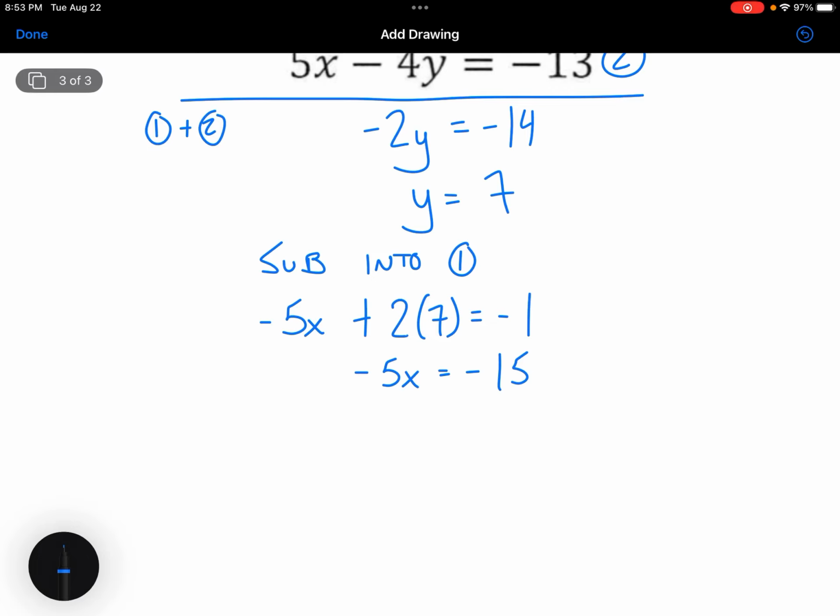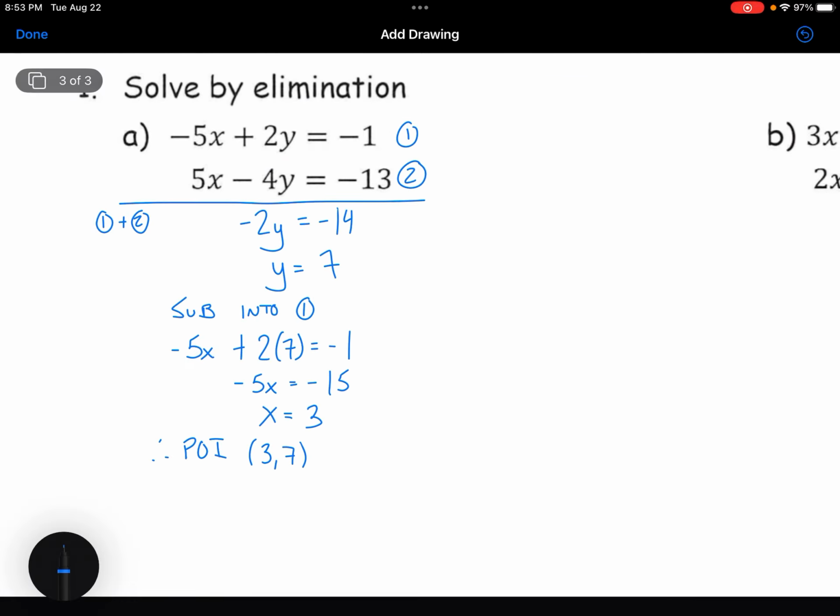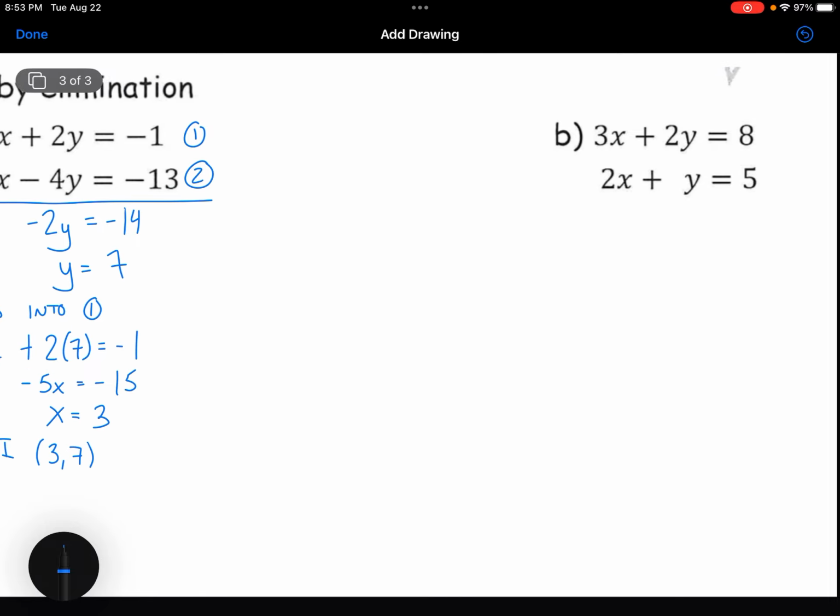We subtract it to the other side. We get negative 5x equals negative 15, so x is equal to 3. And therefore, our point of intersection, or what we've solved, is 3, 7. It's always x then y. When it says solve by elimination, you're solving the point of intersection of those two equations.